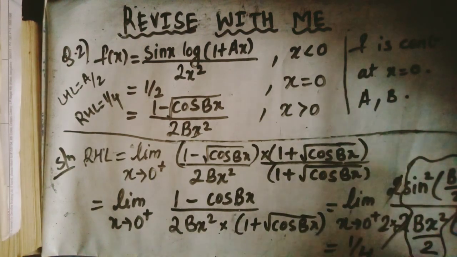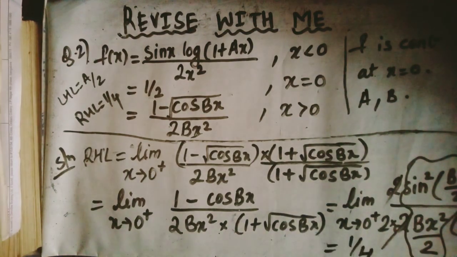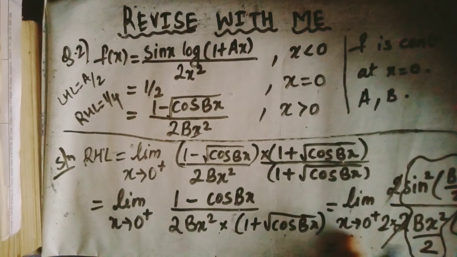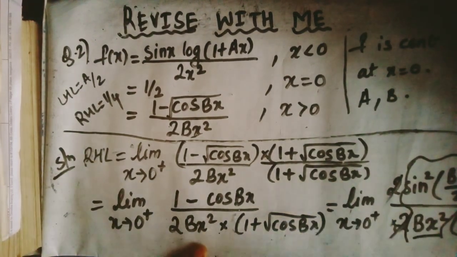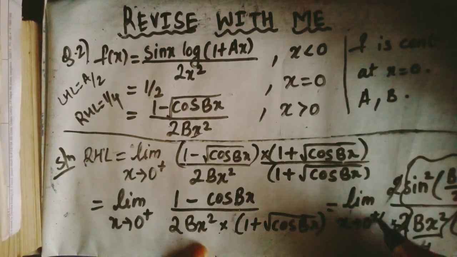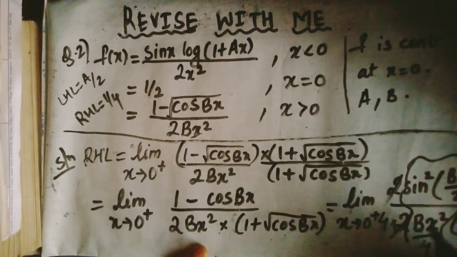Wait a minute, you need B also, right? Yeah, here you have to make this square because the square is there, so you have to divide and multiply by 4, and also you need b square, so multiply by 4 b and divide by b.